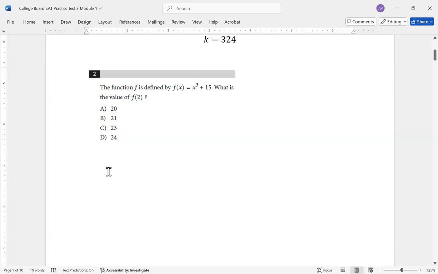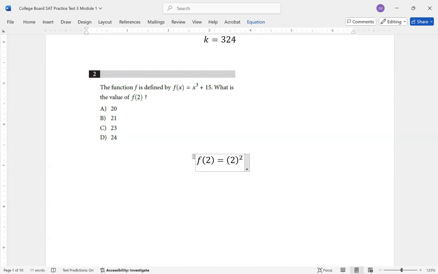Question 2. The function f is defined by f of x is equal to x raised to the 3rd power plus 15. What is the value of f of 2? F of 2 is what we get when we plug in 2 into the x portion of the output.